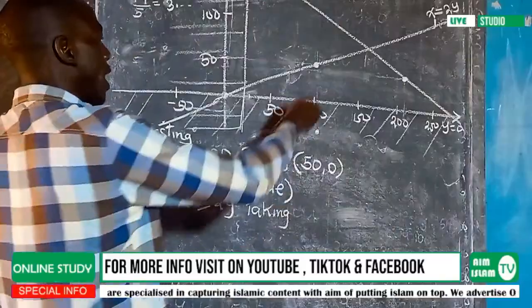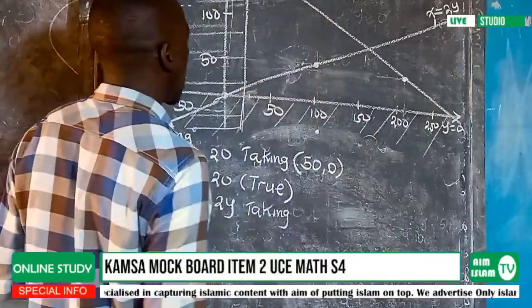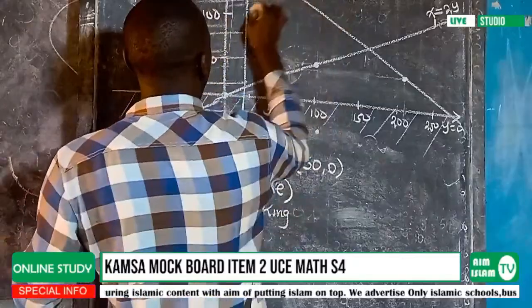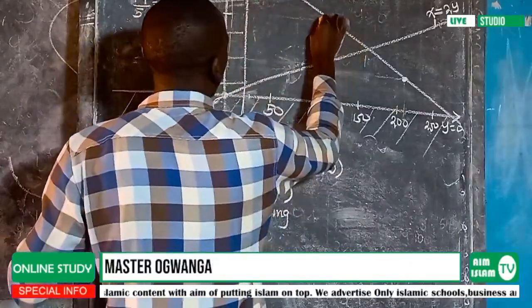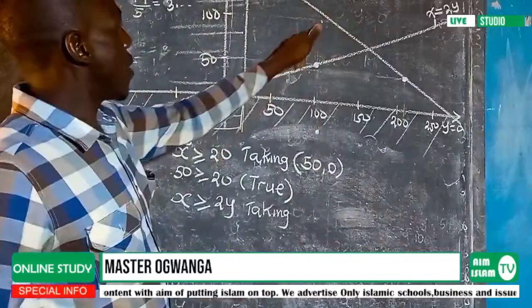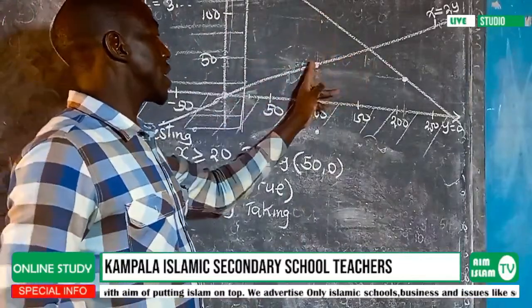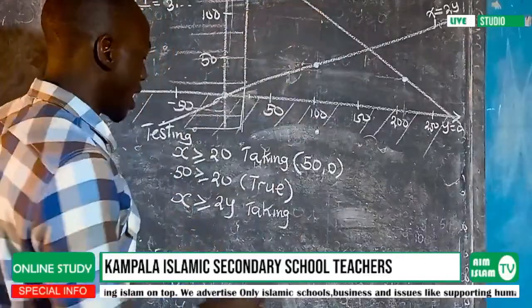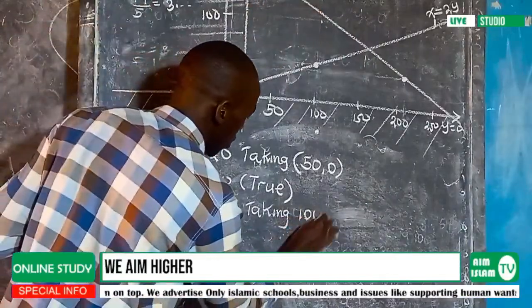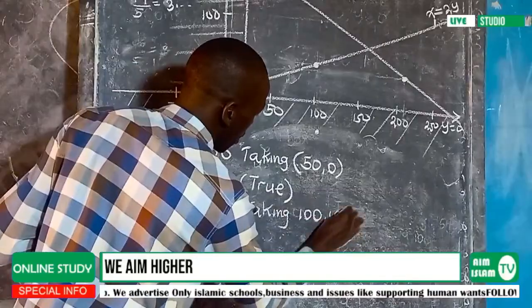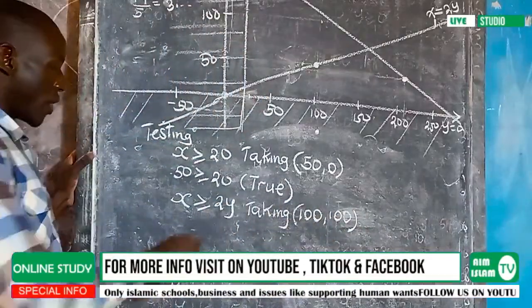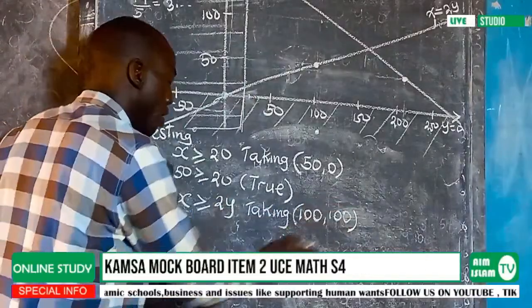If I want to take a point which is up, this time I can say I am going to assume that we are having 100 and 100, which is here. So 100 and 100, they are not lying on this line, but they are lying above the line. That is the point 100, 100. See, 100 for x and 100 for y.